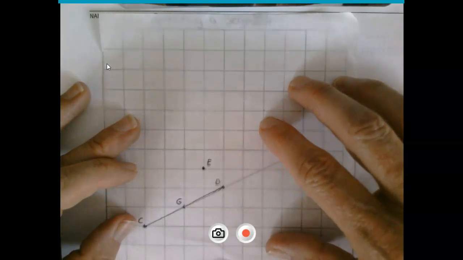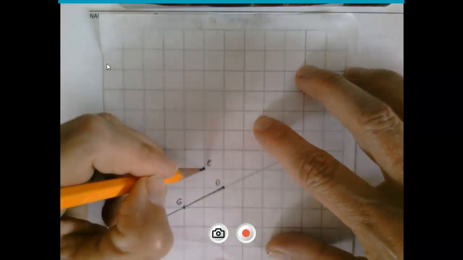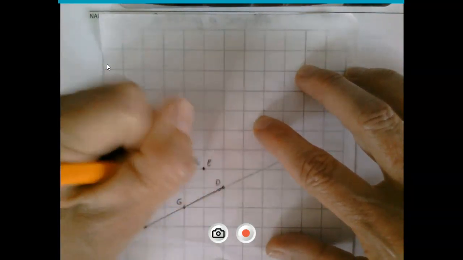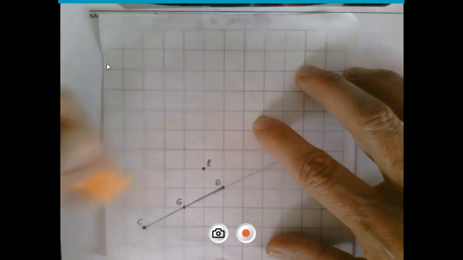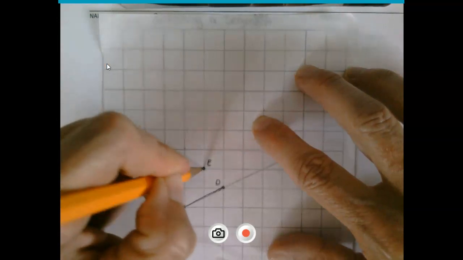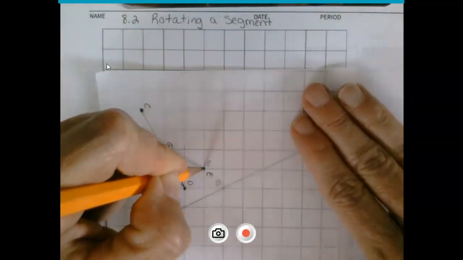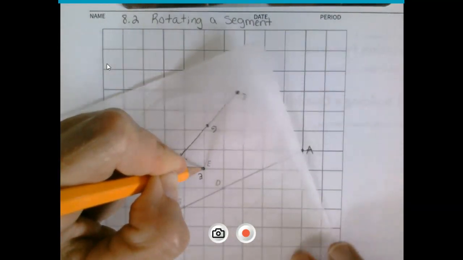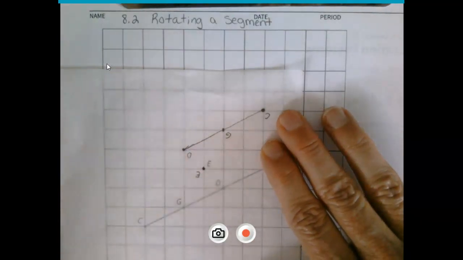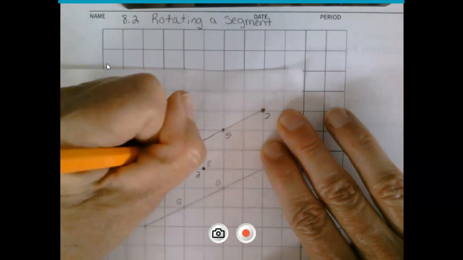And the first time, let's go clockwise. Here's my center E. And remember, we just have to go 180 degrees. So that means I have to move it clockwise 180 degrees. So I'm just going to move it from corner to corner. So that will be 90. And this will be right there. Should be 180.